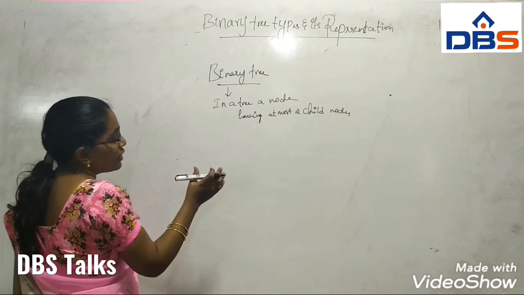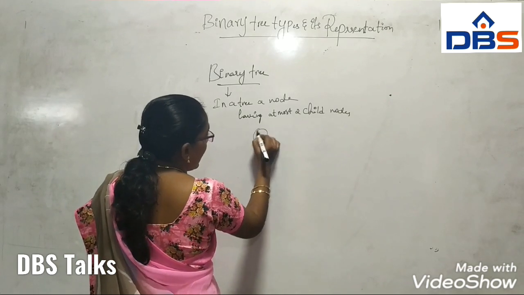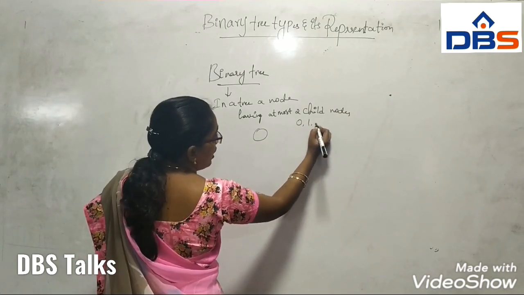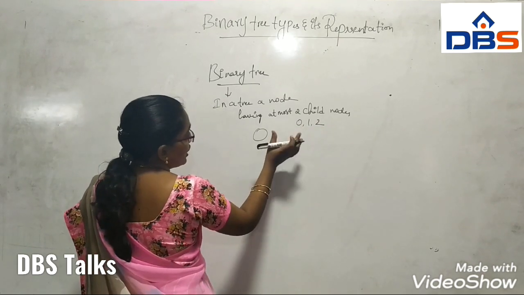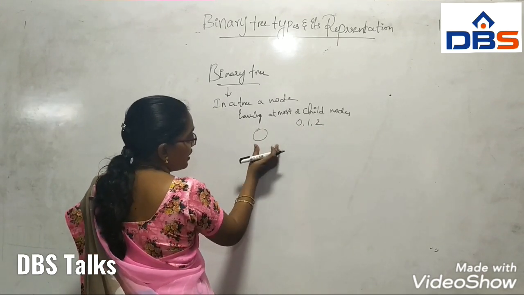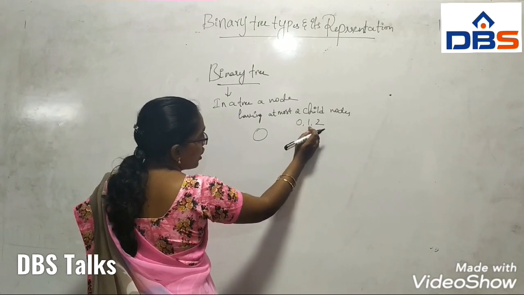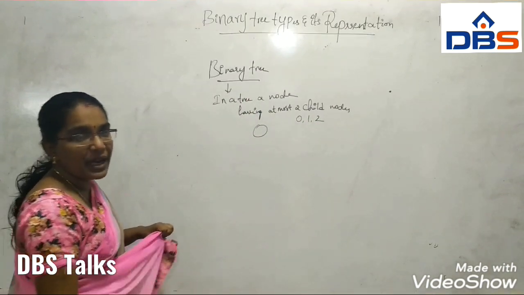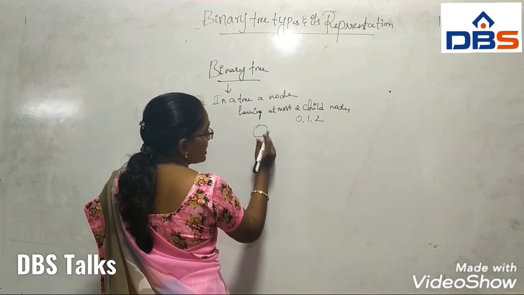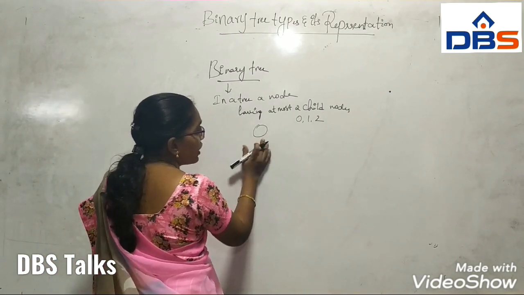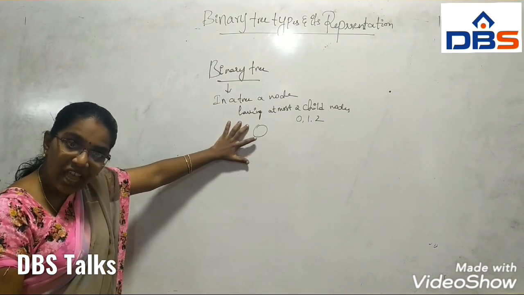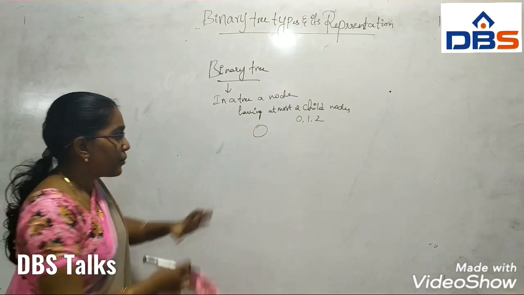In a tree, if a node has at most 2 child nodes, that is either 0 or 1 or 2, we can say that particular tree is a binary tree. Let us consider this. This is a single node. Can we say it is a binary tree? Yes. Why? Because it does not have any child node.